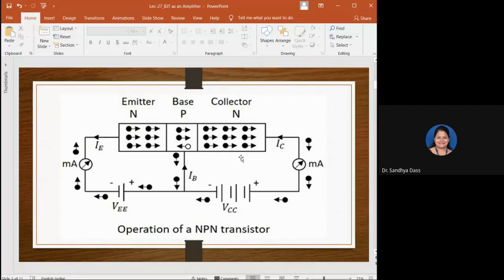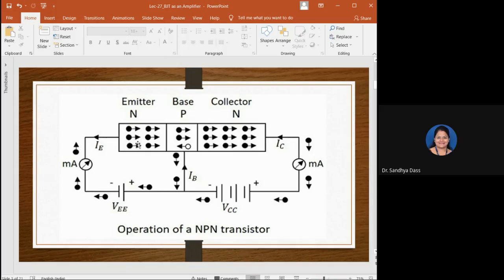Okay, so there are three currents flowing in these three terminals. Observe that. One is the electrons moving from the emitter region towards this, which constitutes the emitter current. So electrons are moving in this direction, which means the emitter current is in the opposite direction as indicated here. Okay.